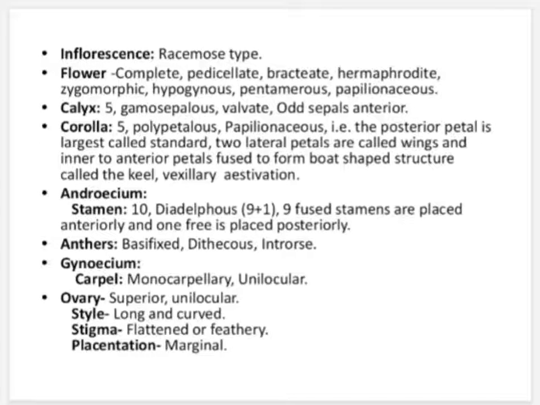Inflorescence is racemose type. Flower is complete, pedicellate, bracteate, hermaphrodite or bisexual, zygomorphic, hypogynous, pentamerous and papilionaceous.